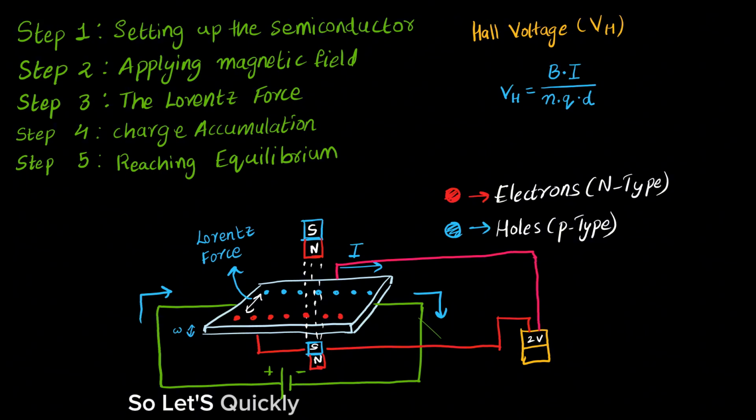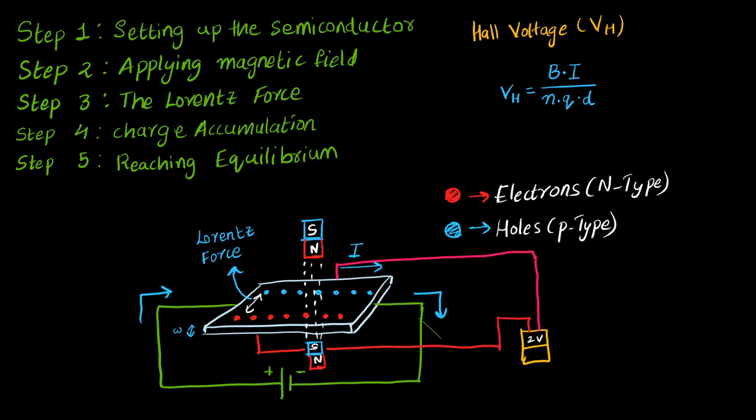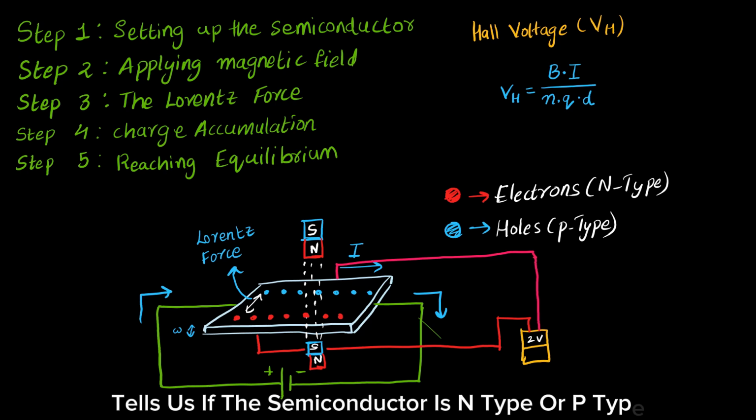So let's quickly recap what we have learned. Hall effect is the generation of a voltage across a semiconductor when current flows and a perpendicular magnetic field is applied. The Hall voltage polarity tells us if the semiconductor is N-type or P-type.